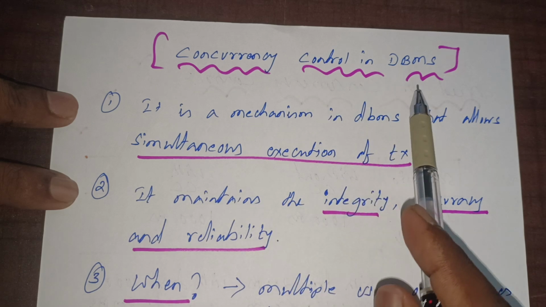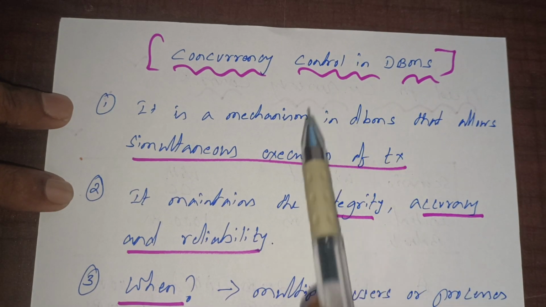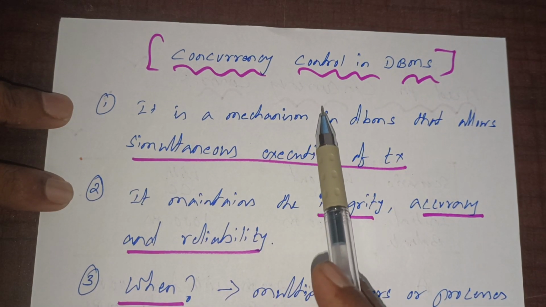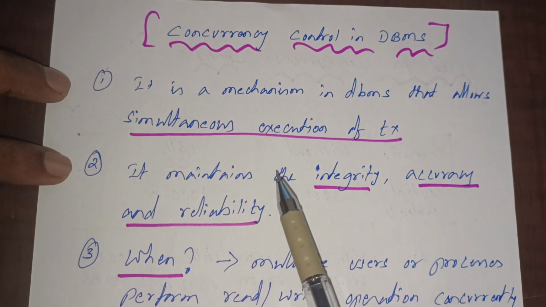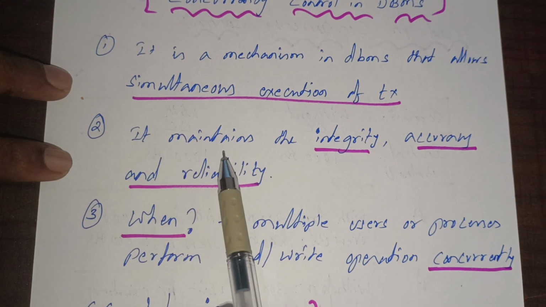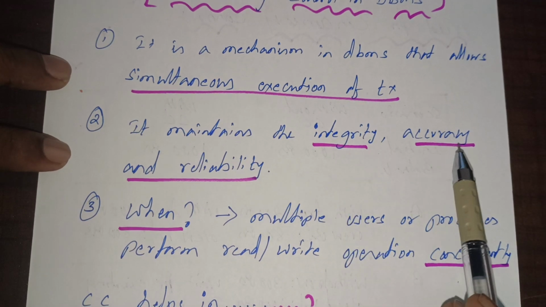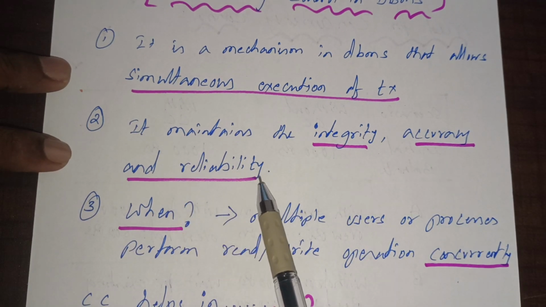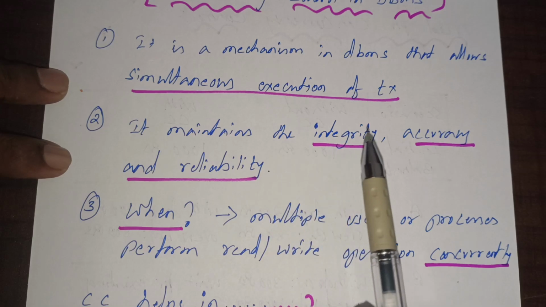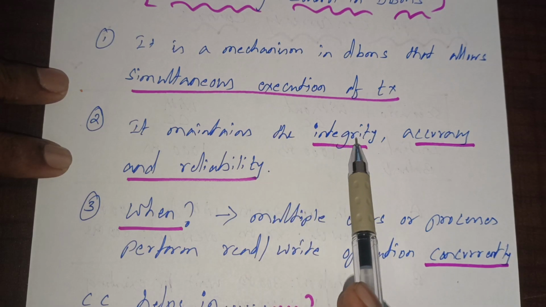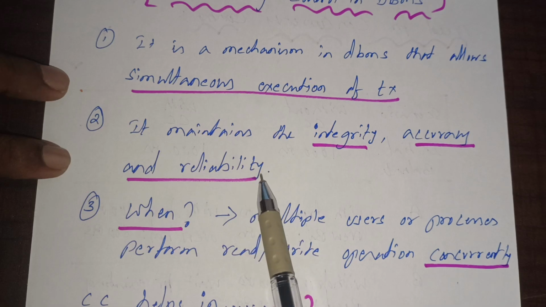So concurrency control always depends on the ACID properties, which I have already explained when I was talking about transaction control. Basically, it maintains integrity, accuracy, and reliability. Here the atomicity, consistency, isolation, and durability include this integrity, accuracy, and reliability.